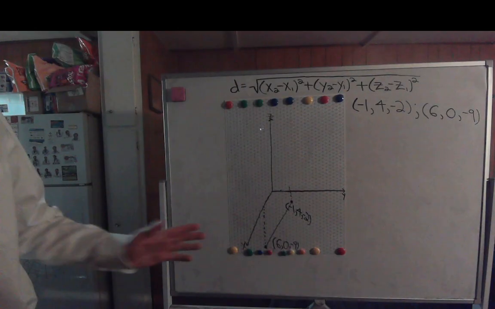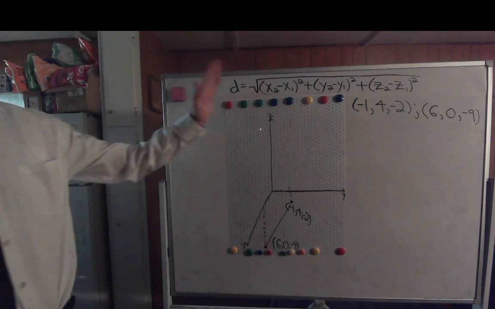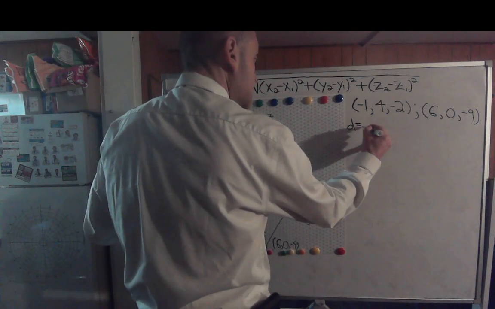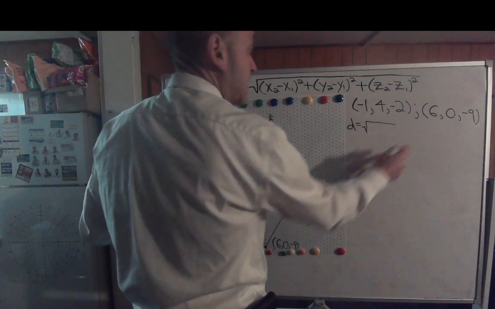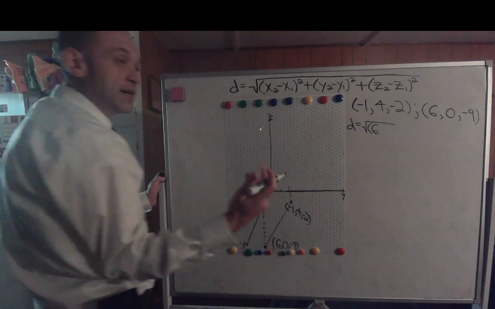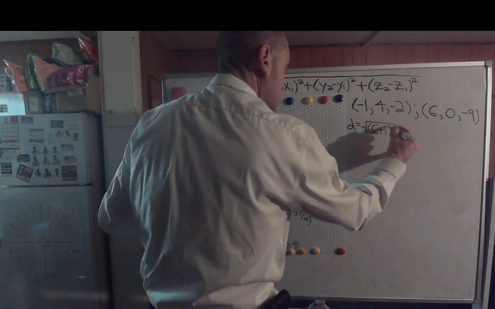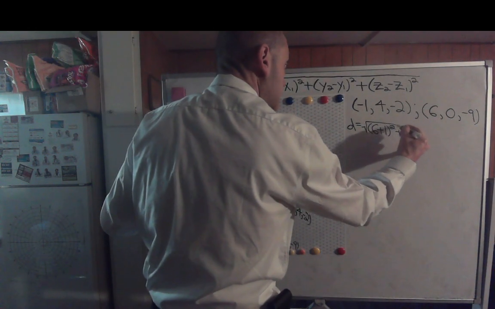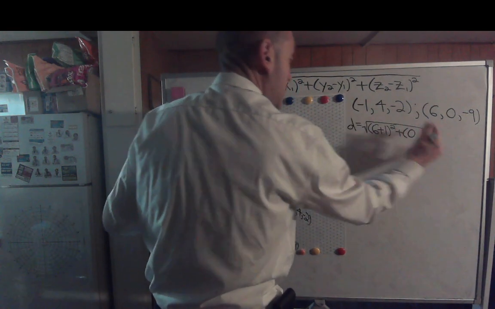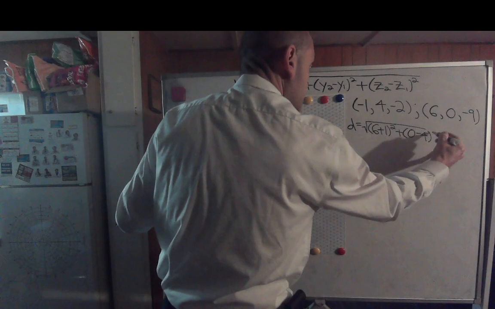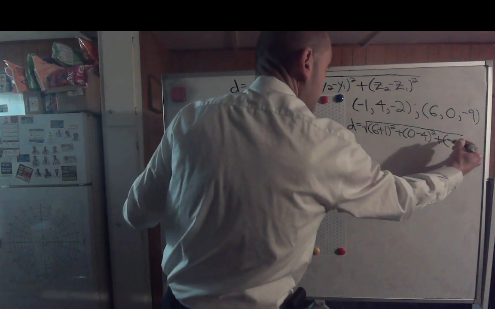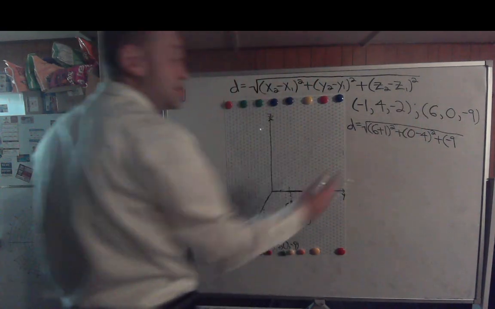So now we can use this distance formula to find our distance. In this case, the distance would equal the square root of our x2, which is 6, minus our x1, minus -1 turns into +1, quantity squared, plus our y2 of 0 minus our y1 of 4, quantity squared, plus then our z2 of -9 minus our z1 of -2.